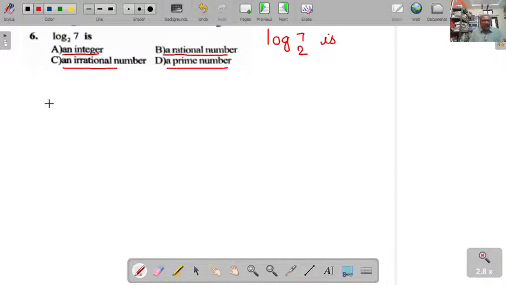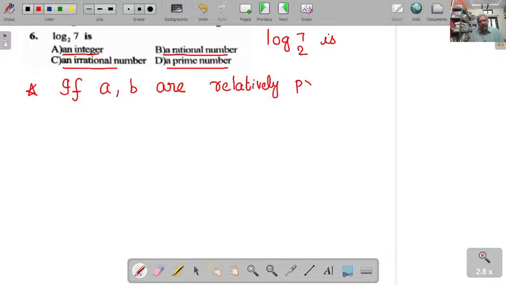See, one concept we have already discussed: if a, b are relatively prime, then log a to the base b is an irrational number.